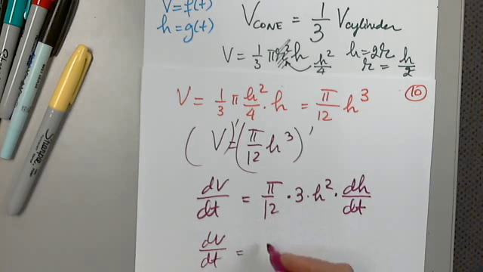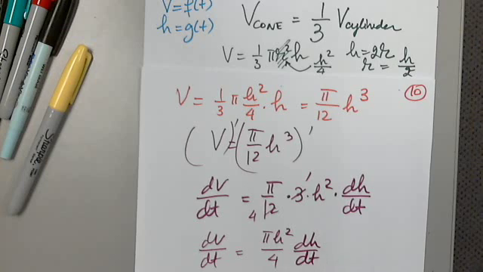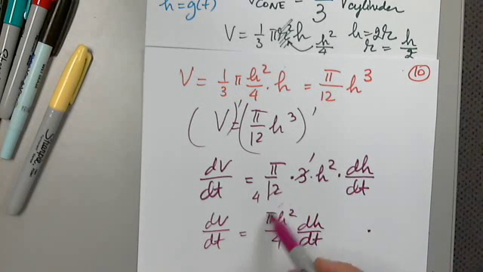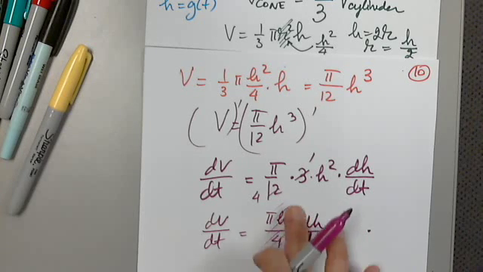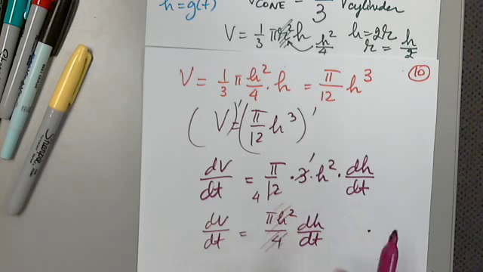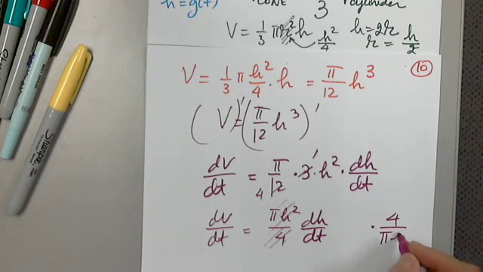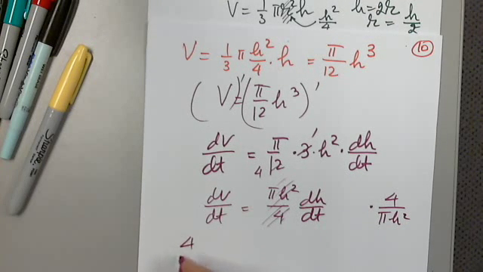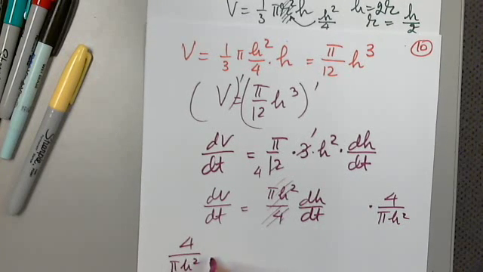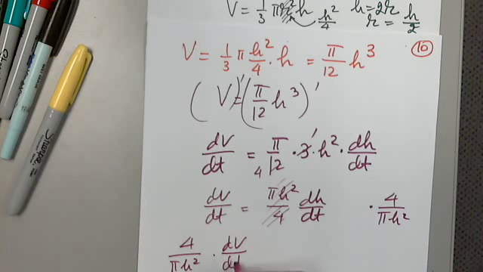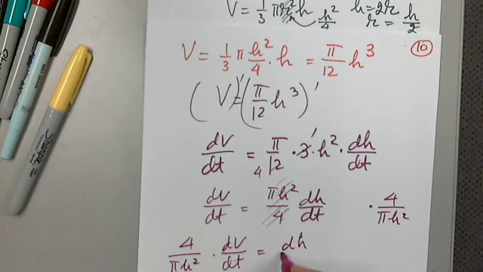So dV over dt. I'll simplify. So I get pi H squared over 4 times dH over dt. And then what will I multiply by to eliminate all this? I want to get rid of this. What should I multiply both sides by? 4, exactly. 4 over pi H squared. So 4 over pi H squared times dV over dt equals dH over dt.